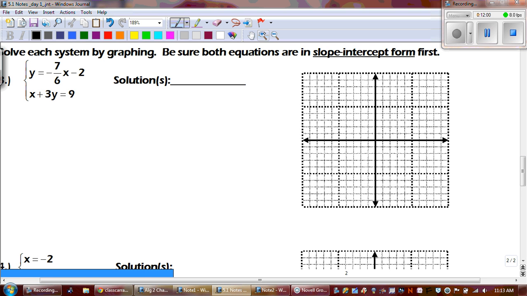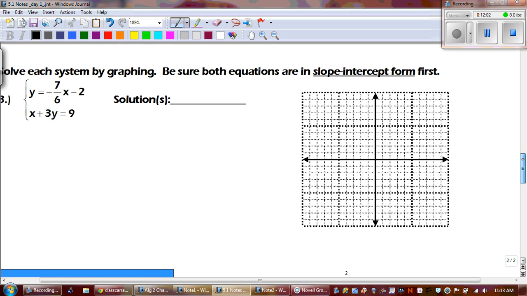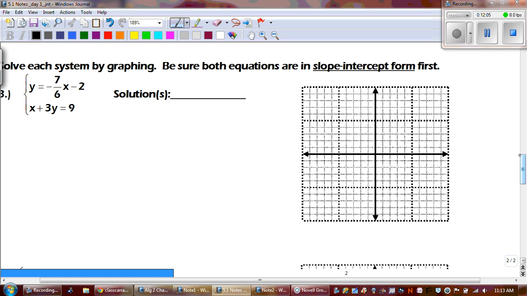Okay, so once again, it's telling us to solve and be sure each equation is in slope-intercept form first. All right, now, thankfully, our first line right here already is. Okay, so I know that my slope is -7/6, and I begin at the point 0, -2.